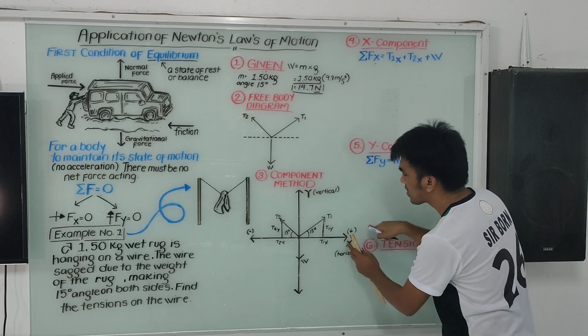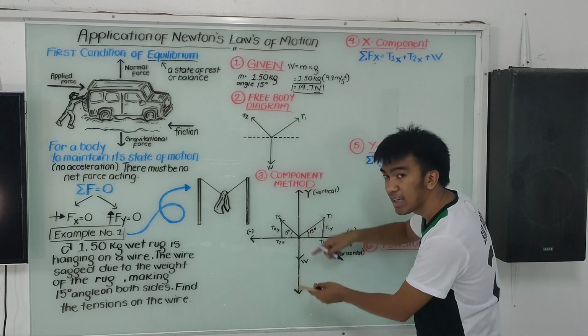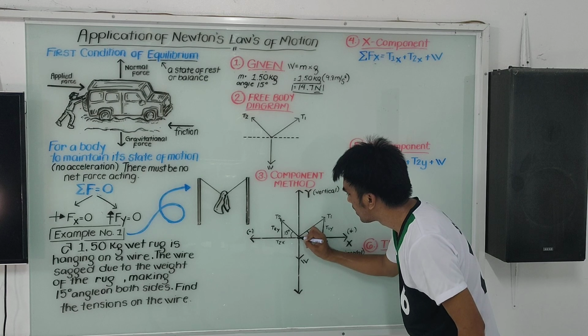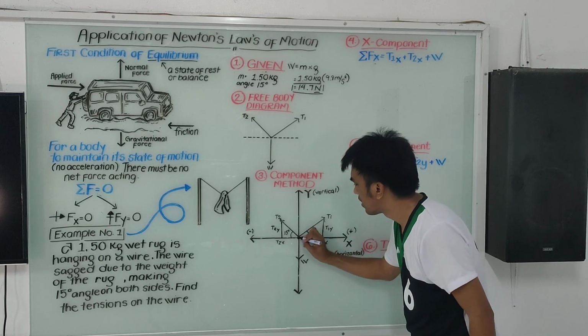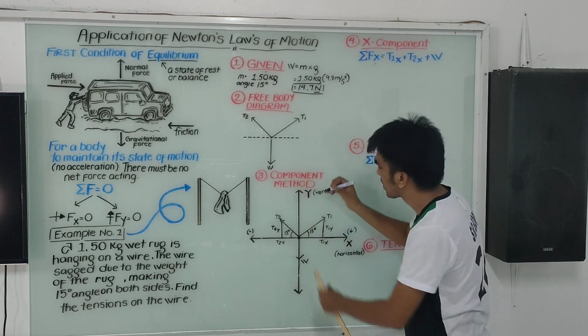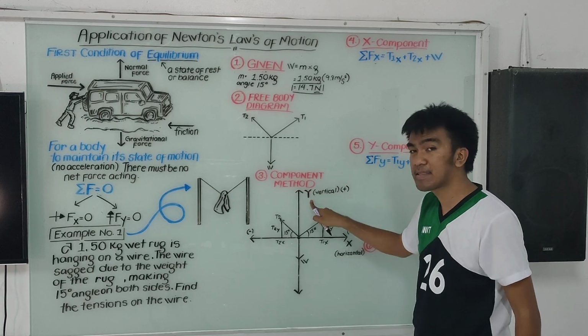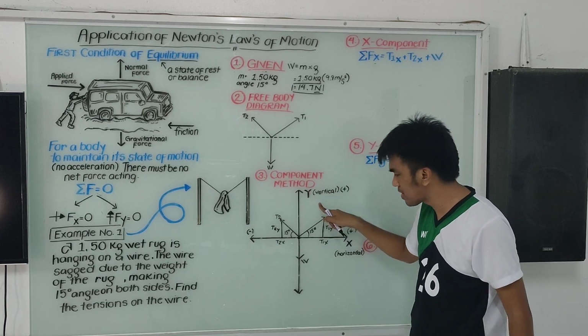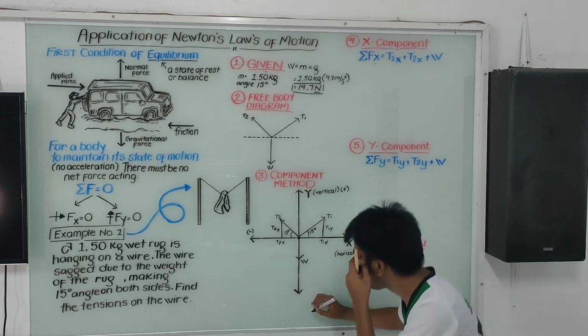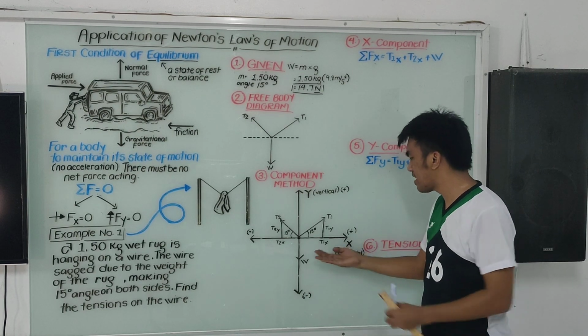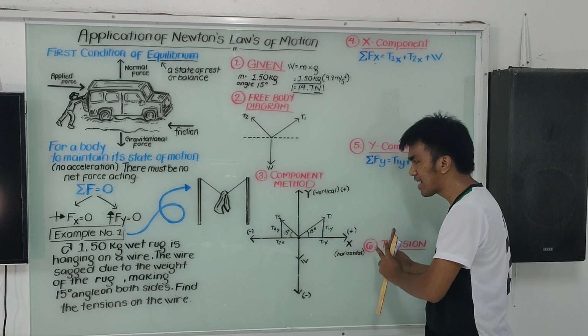On the x-axis, this one is negative. This side is positive. Why? Above the origin is positive. The y here is positive, and the y here is negative. So again, the x is positive on the right side.